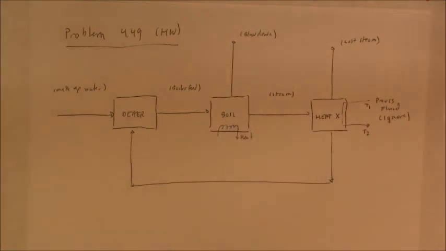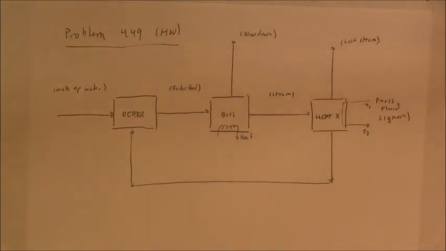Okay, so in the makeup water coming in, we're told that the makeup water has 1 kilogram of impurity per 2,000 kilograms of water. And so we're going to label this process on the basis of 2,000 kilograms of makeup water entering the system.